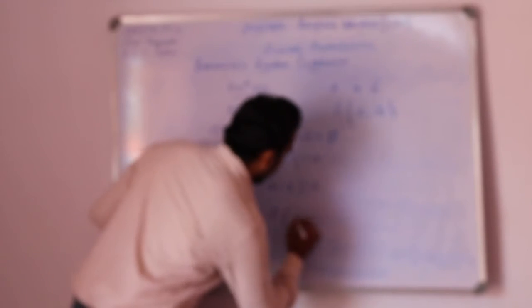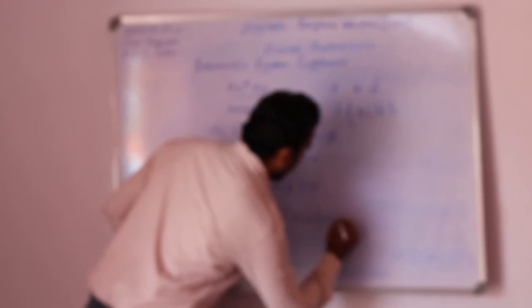Then the probabilities for this can be written as probability of x is equal to 1 will be P, and the probability of x is equal to 0 will be Q. Let us take. Okay. The probability of x is equal to 1 is P, probability of x is equal to 0 is Q. Then P plus Q must be equal to 1. This is the Bernoulli's random experiment.